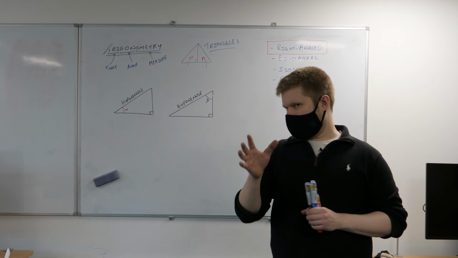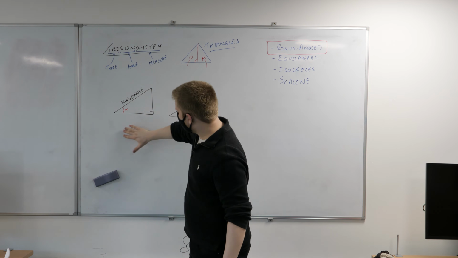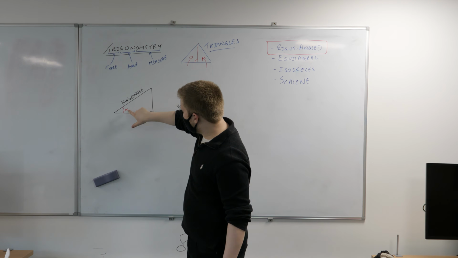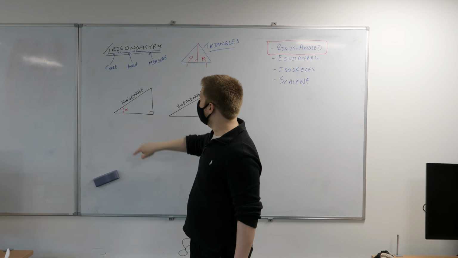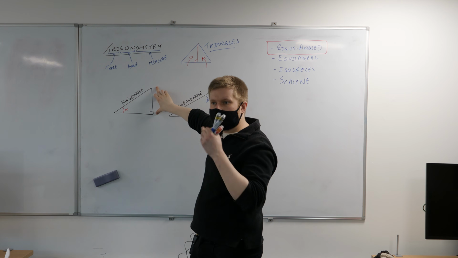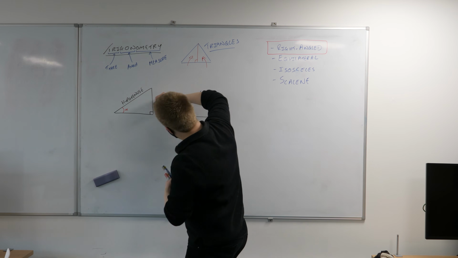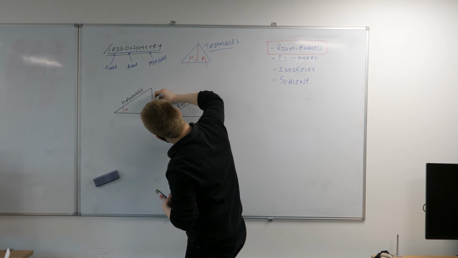Are you happy if we just focus on this triangle here for the time being? In other words, we're looking at it in relation to this angle down here. This side is opposite the angle that we are interested in, so we call that side the opposite.